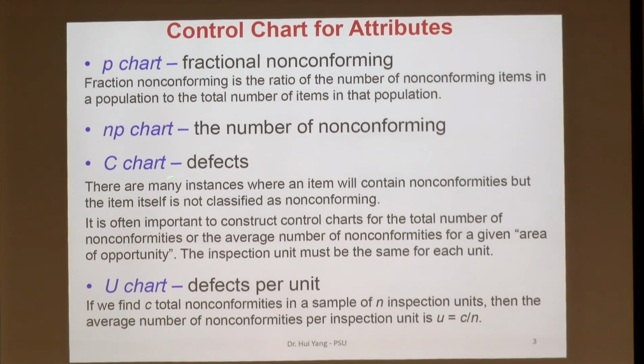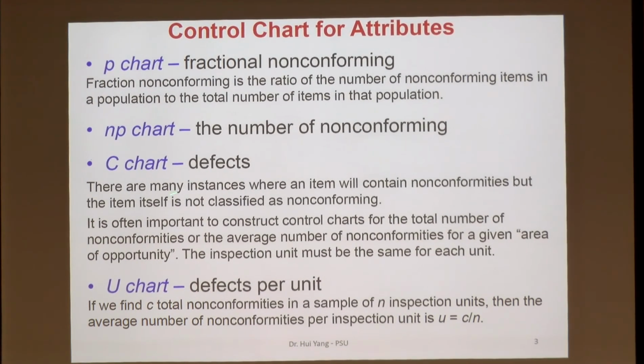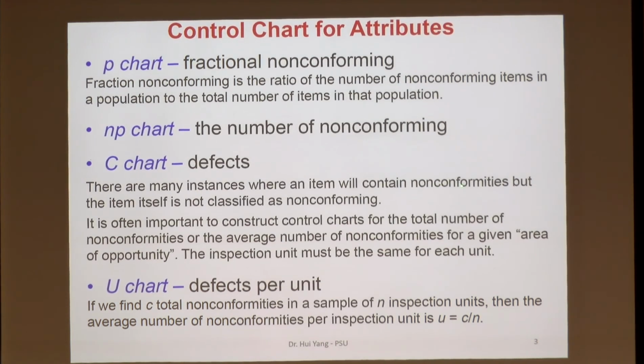And also we have the C chart. C chart: there are many instances where an item will contain non-conformities, but the item itself is not classified as non-conforming. Okay? It is often important to construct control charts for the total number of non-conformities or the average number of non-conformities for a given area of opportunity. So the inspection unit must be the same for each unit.